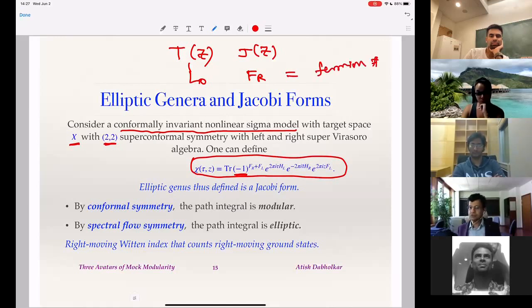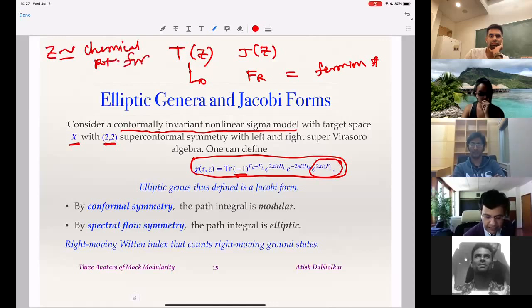So this theory has bosons and fermions both on the right and the left. And what you're doing is that instead of computing a normal trace, which would have been q to the power h left, q bar to the power h right, you are computing an index trace, (-1) to the F right plus F left, with this insertion of the operator. And you can think of z as like the chemical potential for the charge.